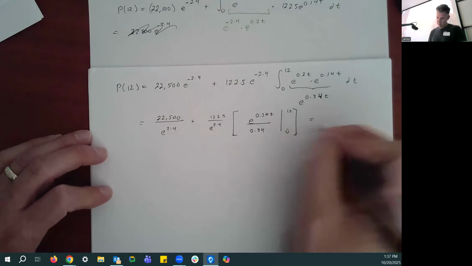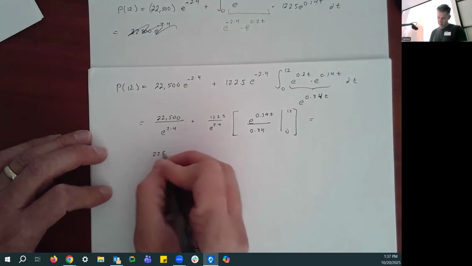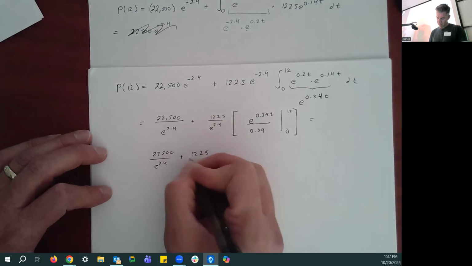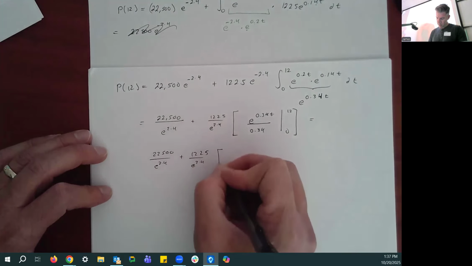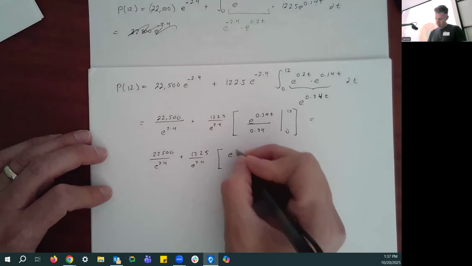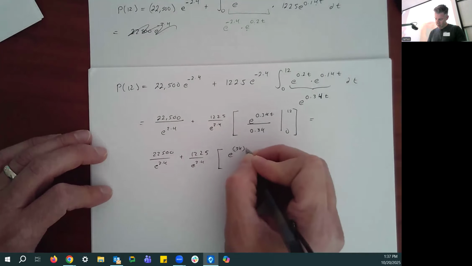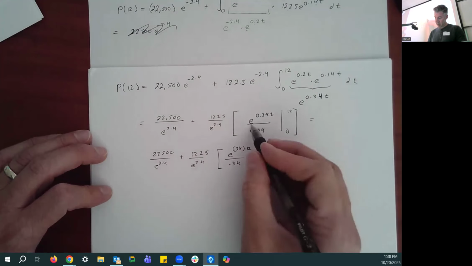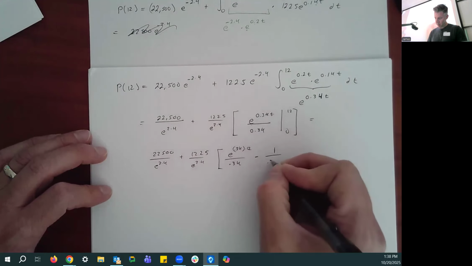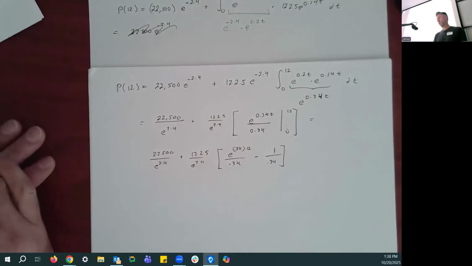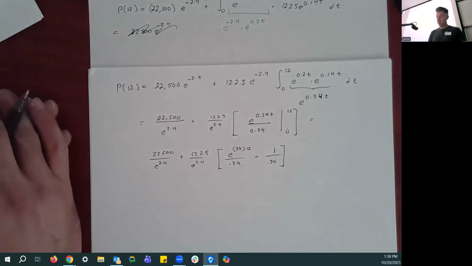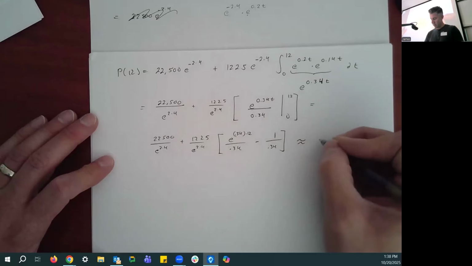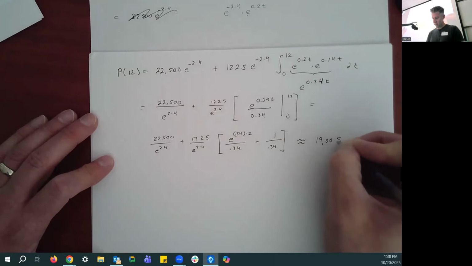So we're going to get 22,500 over e to the 2.4 plus 1225 over e to the 2.4 multiplied by e to the 0.34 times 12 divided by 0.34 minus e to the 0 is 1 over 0.34. And then you can plug that all into a calculator, which seems really gross, and get approximately 19,005.